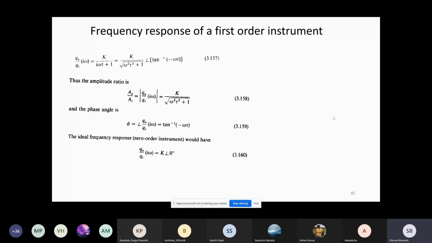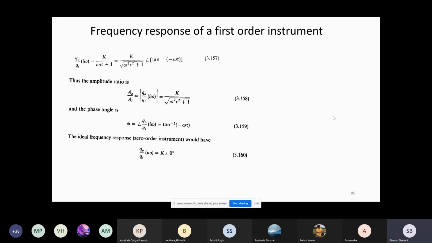The gain will be K by root over (omega square tau square plus 1), and the phase will be tan inverse of minus omega tau. So the amplitude ratio is K by root over (omega square tau square plus 1), and the phase angle is tan inverse minus omega tau.